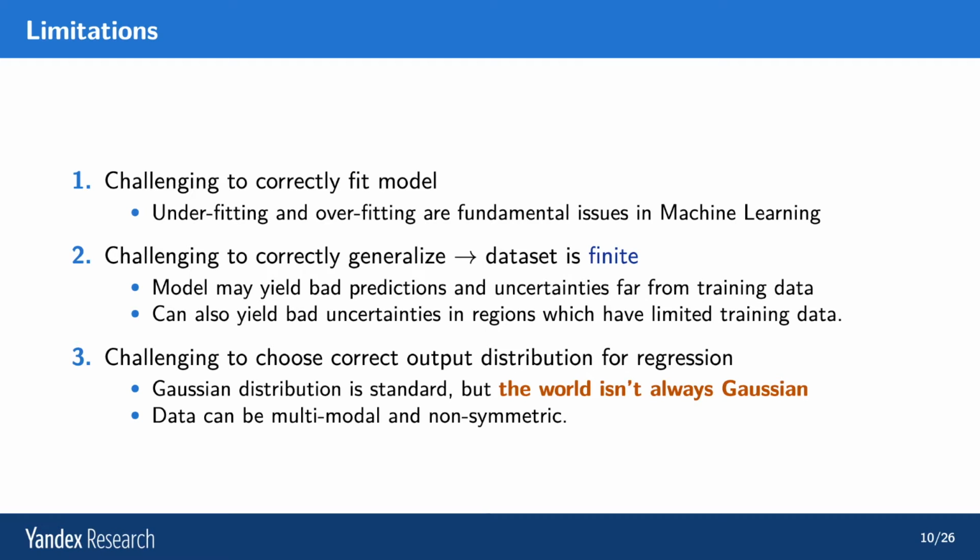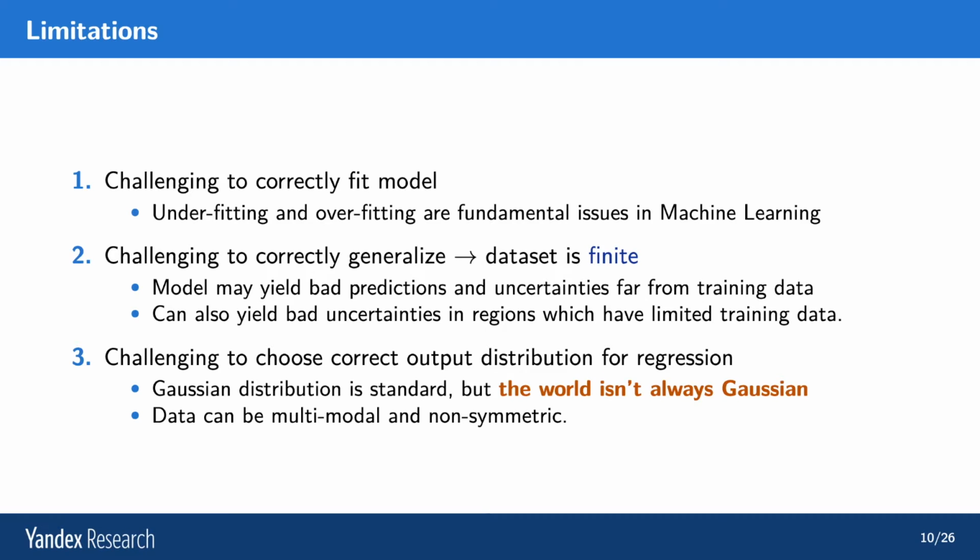And finally, it is challenging to choose the correct output distribution for regression tasks. We can choose a Gaussian distribution or the normal distribution, and it's standard, and it presents the least number of assumptions about the world, which is why it's a good standard distribution to use. But the world isn't always Gaussian, and your true underlying distribution of targets y can be multimodal and non-symmetric and many other things.